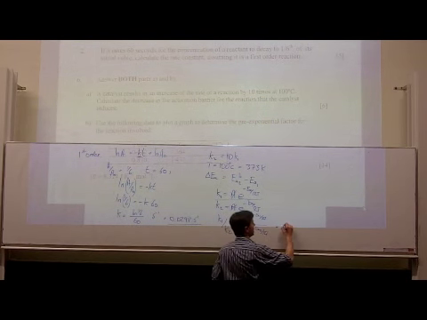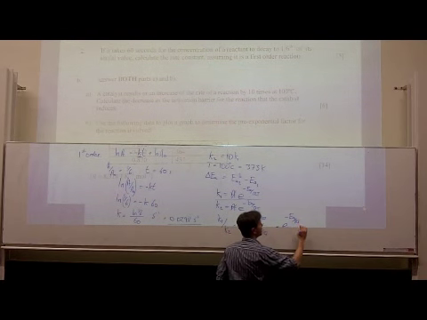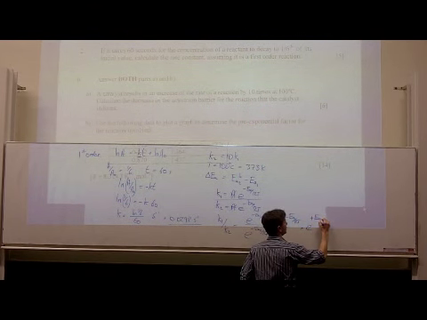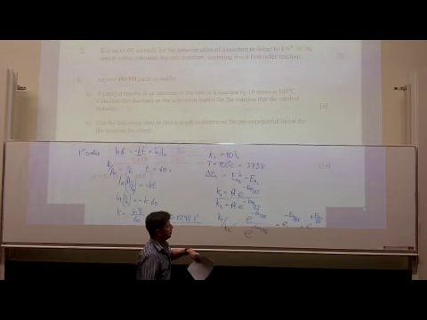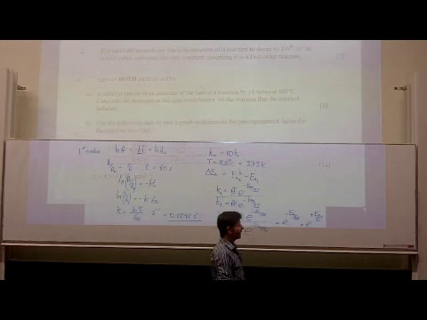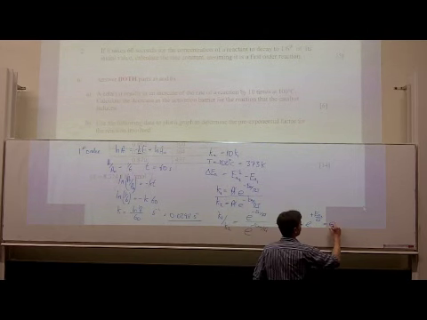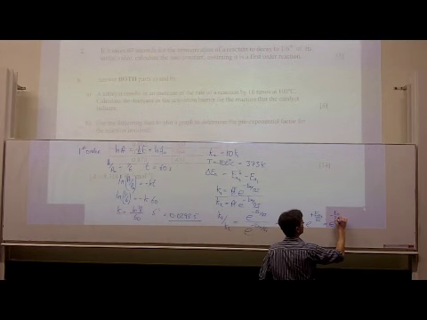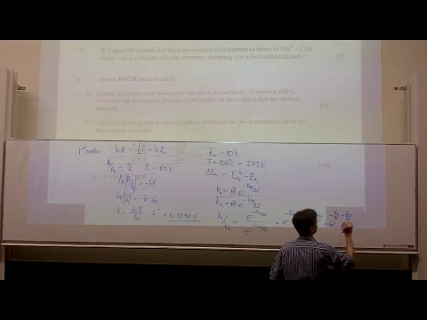So that's the same as e to the minus EA1 over RT times, I'll bring this up to the top by changing the sign. And if I'm multiplying these together, then I can add the powers. So that's the same as e to the minus EA1 over RT plus EA2 over RT.